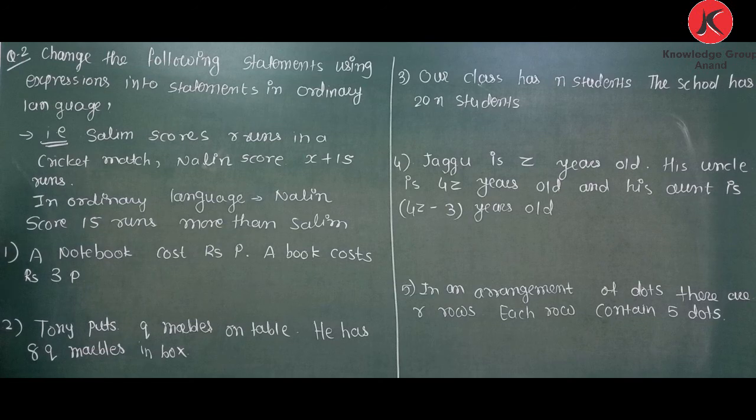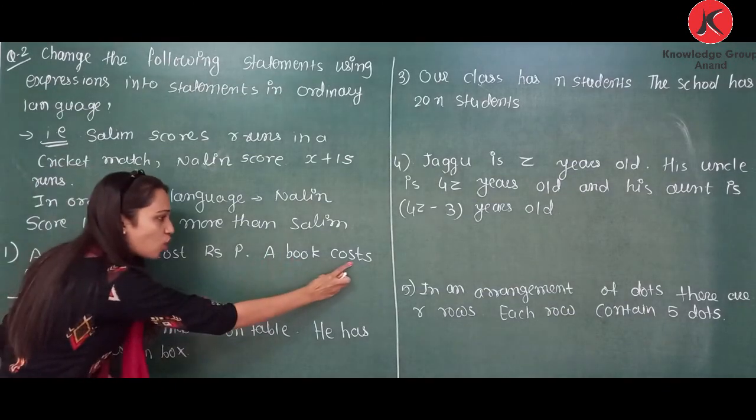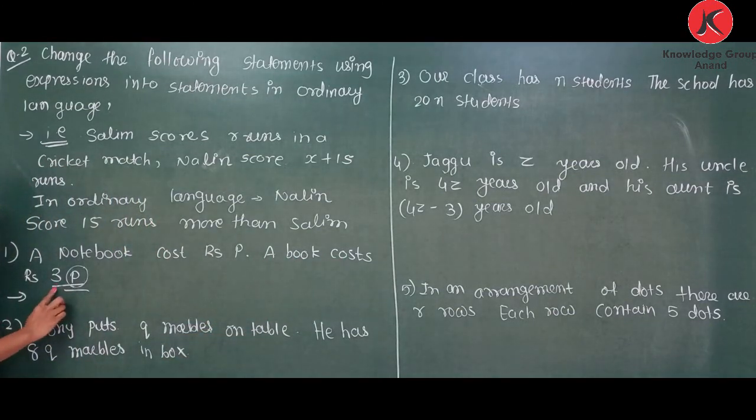The first statement is: notebook cost is P rupees, book cost is 3P rupees. P is the cost of notebook, and 3P means 3 times the cost of notebook. So in ordinary language we can write, the book cost is 3 times the cost of notebook.